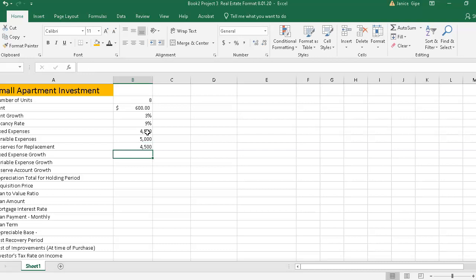And the fixed expense growth rate is 3% with a 3% variable growth rate as well, and a 3% reserve growth.